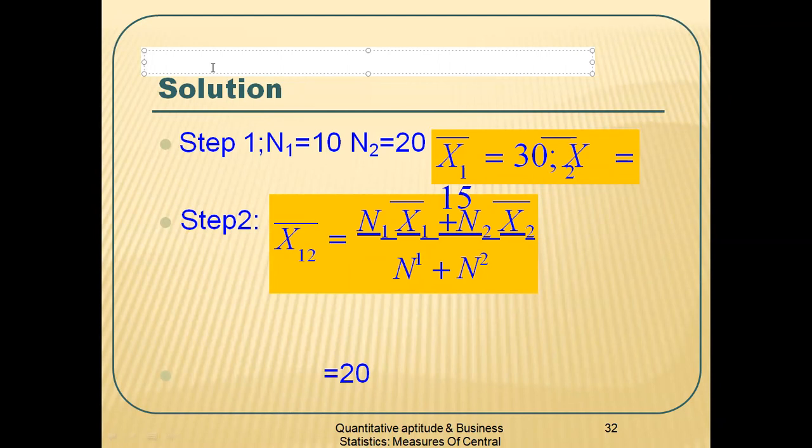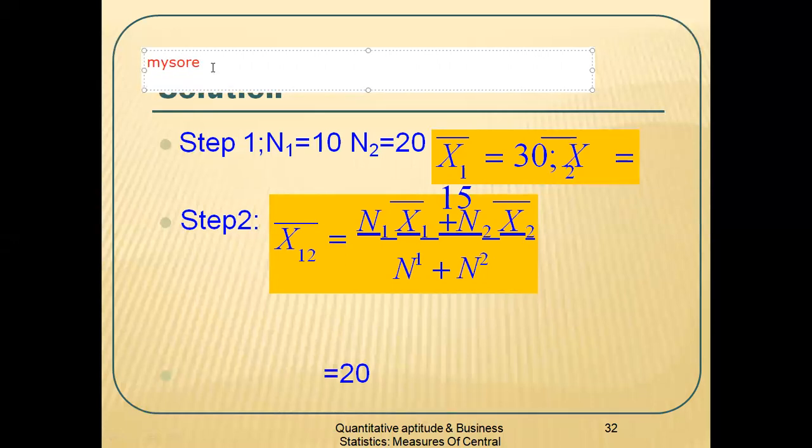Let me take the three different places as Mysore, then Bengaluru, and the next place is Mandya. Okay, so these are the three places.